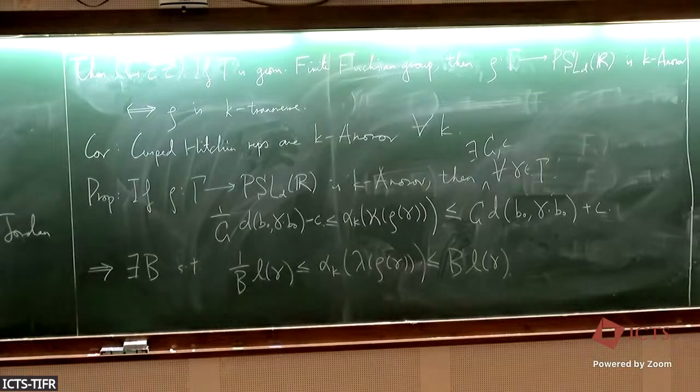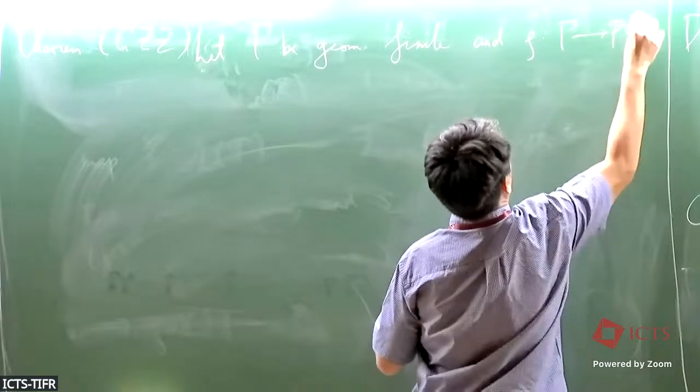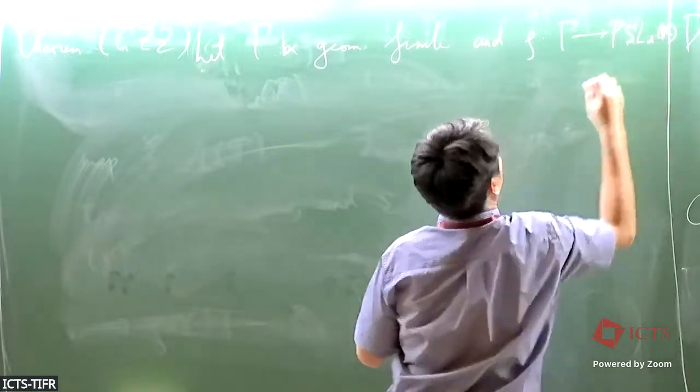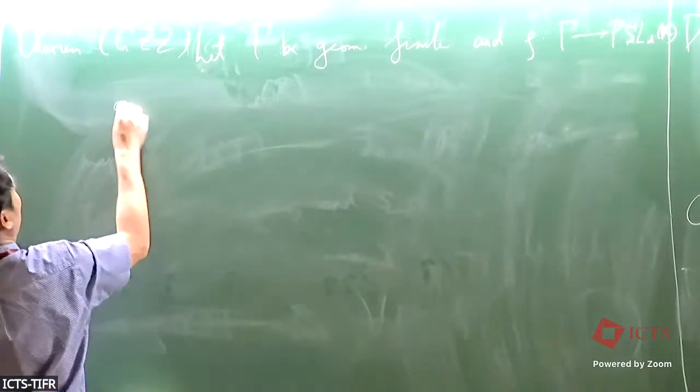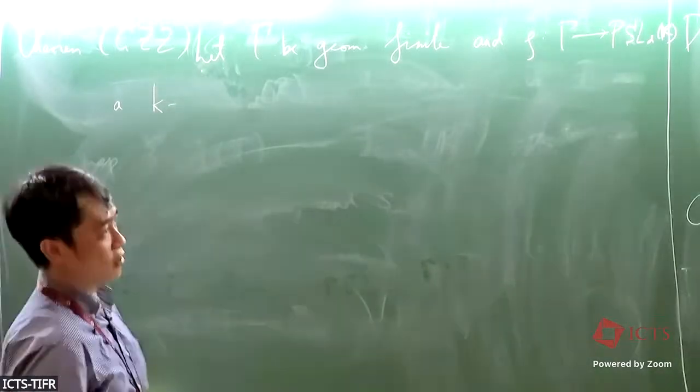Let gamma be geometrically finite, and rho from gamma to PSL d R a K Anosov representation.